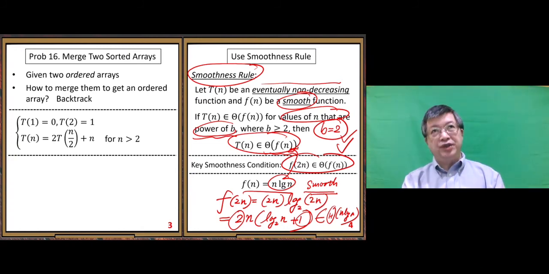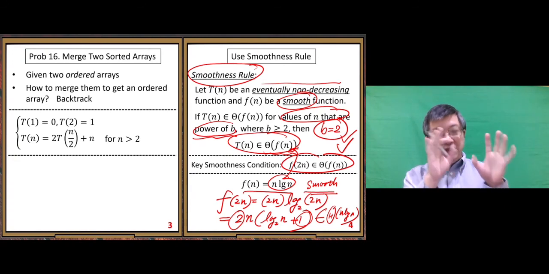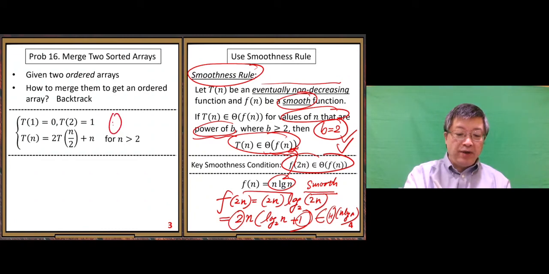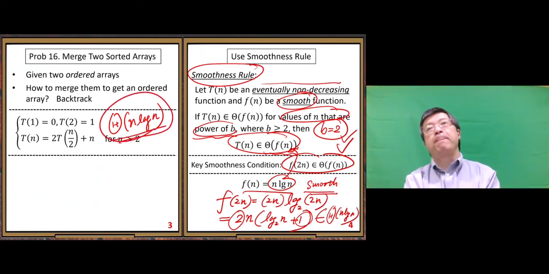So we complete this solution. Now we can see that for the worst case, merge sort gets big theta of n log n efficiency.